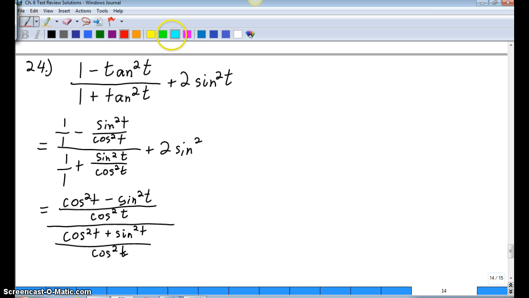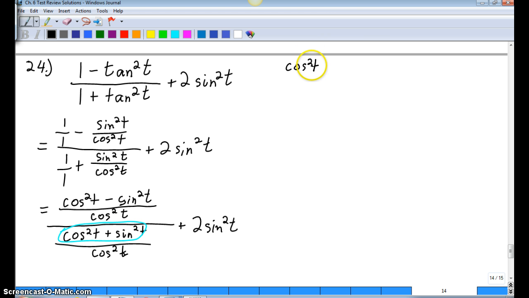Now, here we have an identity, cosine squared plus sine squared. I'm going to bring this back up to the top of our page.